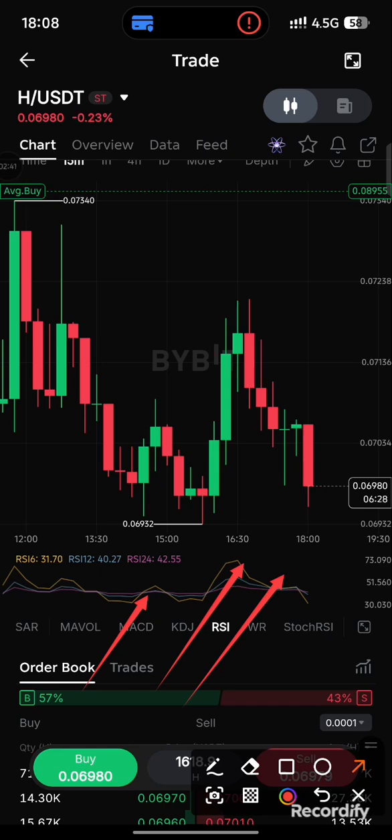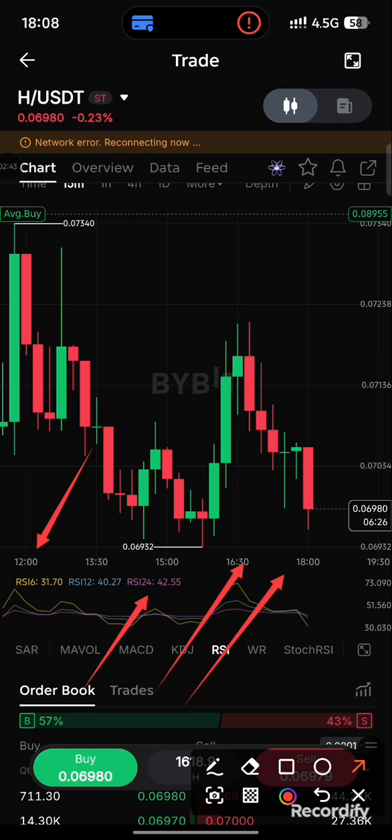The first thing you need to do is focus on this first RSI and its movement, up and down. Focus on these ones too and their movement.